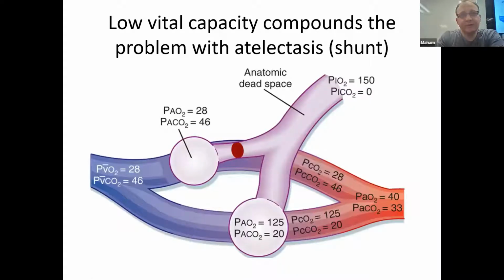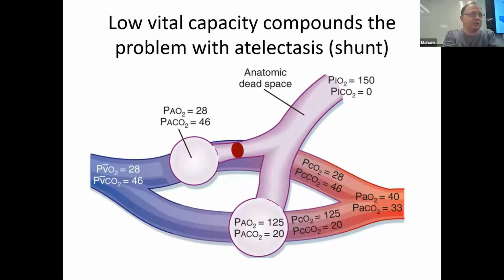In addition, the low vital capacity really encourages atelectasis. If you can't expand your lungs with effort maximally, you're going to end up with areas of atelectasis, and this further compounds the hypoxemic problem.